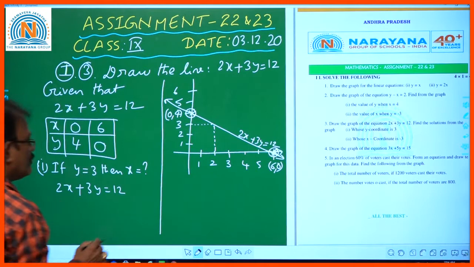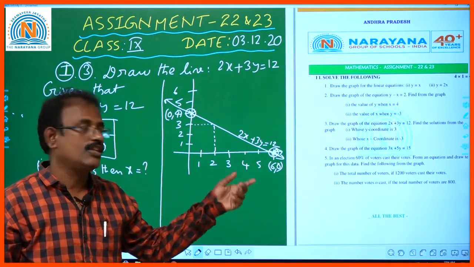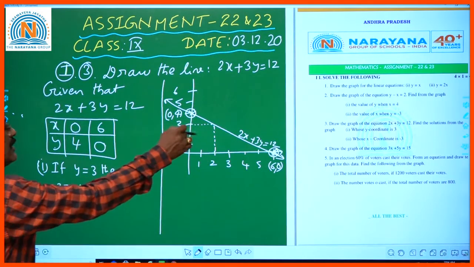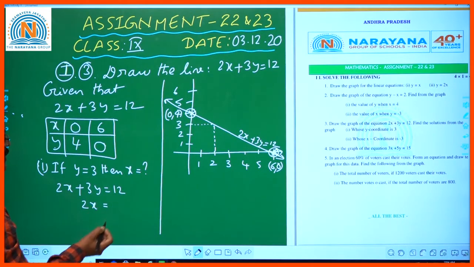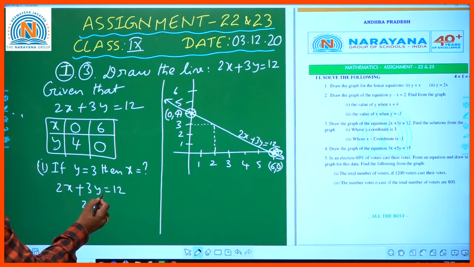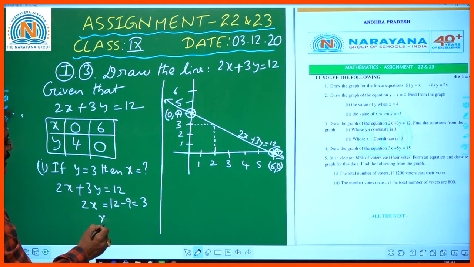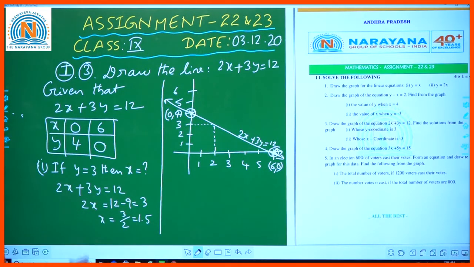If we are able to draw the graph, definitely you will get the answer graphically. Let us verify our rough explanation with algebra. y is equal to 3 means 3 threes are 9, so 12 minus 9, 3. Then x is equal to 3 by 2, 1.5. This is the accurate answer.